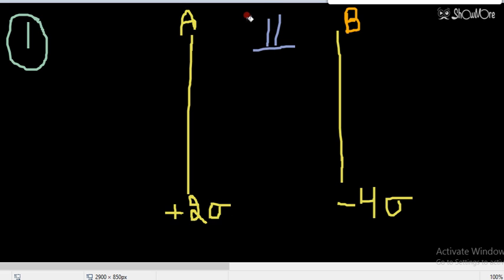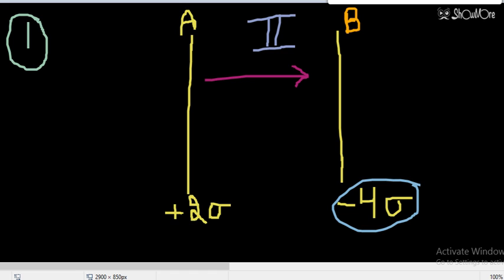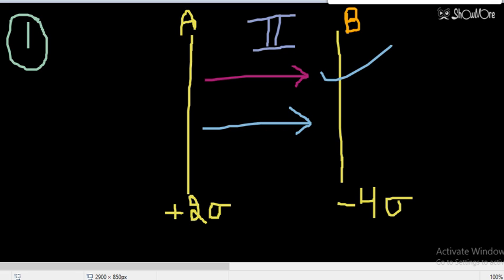So in region 2, the electric field due to this sheet A will be along this direction, and electric field due to this negative charge sheet will be also along the right direction. So now these are the two vectors in same direction, so they will be simply added algebraically.